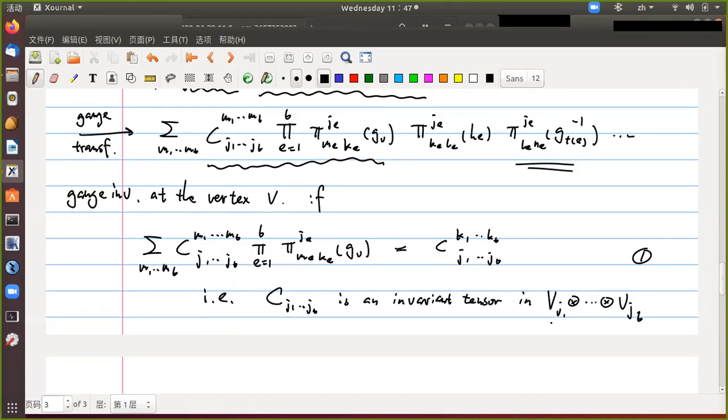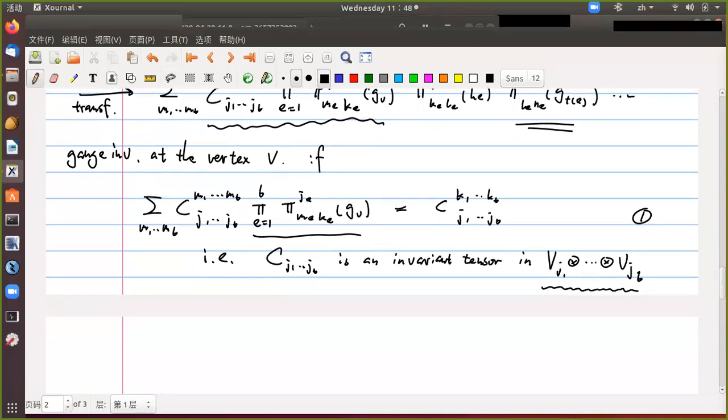This tensor lives in a tensor product representation space, and each Hilbert space Vj carries a representation of SU(2). The operation on this tensor C is nothing but the so-called tensor product representation, acting on this Hilbert space and on your state C.